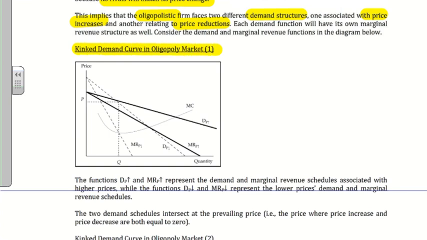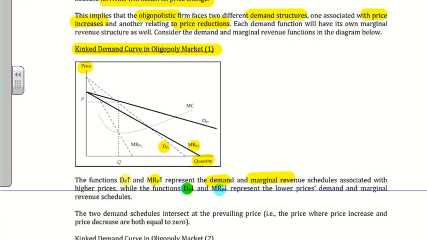Kinked demand curve in an oligopoly market number one. What do you see over here? Again, same story: price and quantity. The functions DP and MRP are the demand and the marginal revenue associated with higher prices. Let me change our color.